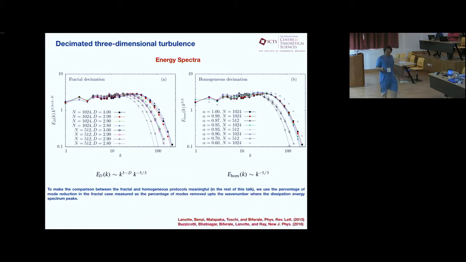So the first thing which tells us that we are in a good space is if you measure the energy spectrum. So remember, there are two ways one can kill these modes, and they could be fractal, where the probability of survival or non-survival depends on how far you are in K space, so that's self-similar, or you could do it in a homogeneous way, where you assign a certain probability which has no K dependence.